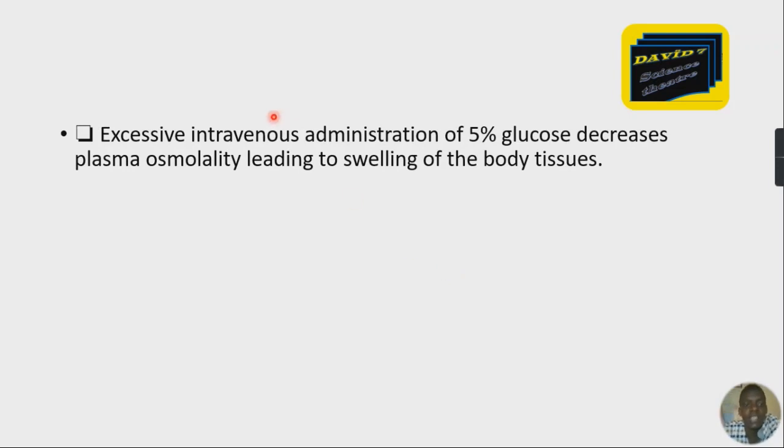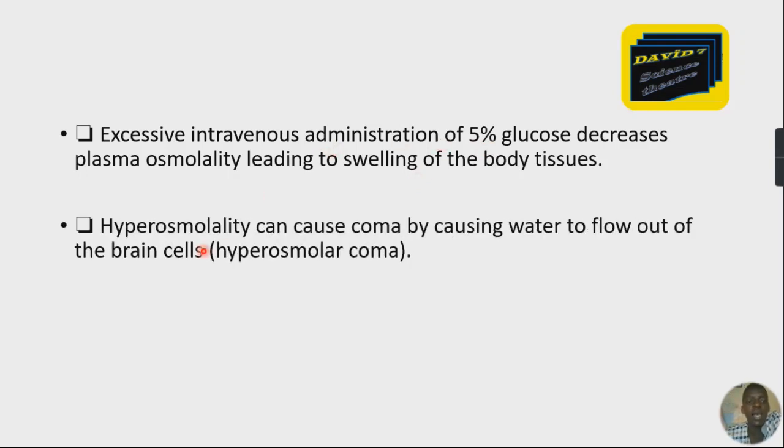Also, excessive intravenous administration of 5% glucose will decrease plasma osmolarity, leading to swelling of body tissues. When plasma osmolarity reduces, it will cause swelling of body tissues because water will be moving from plasma into body tissues.